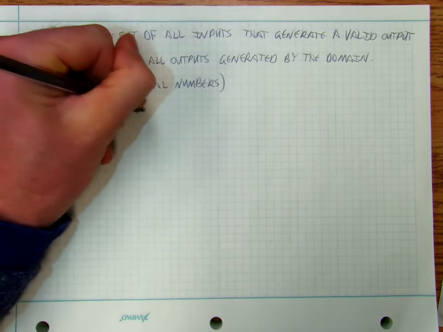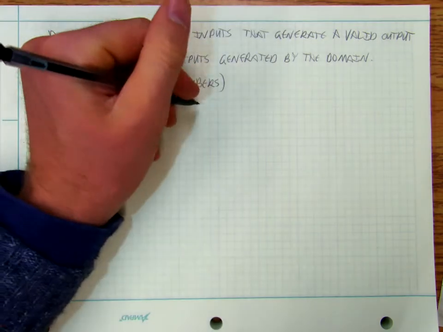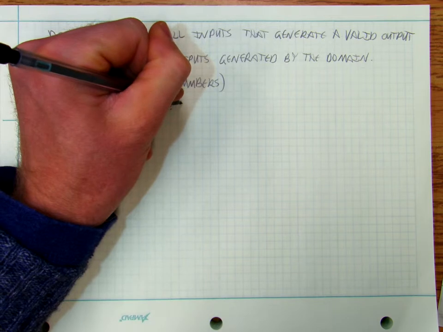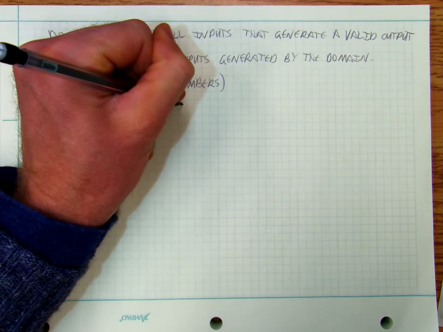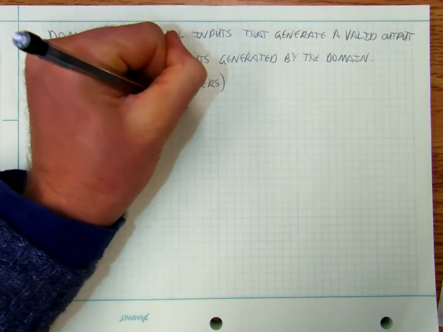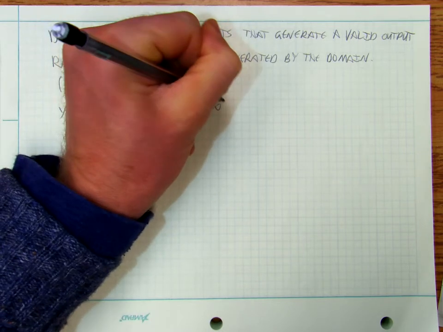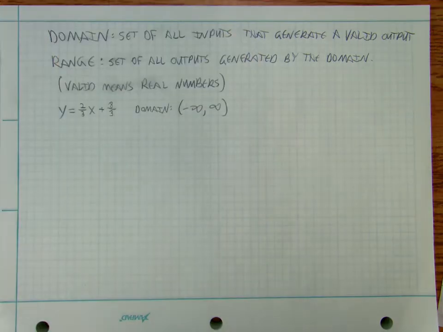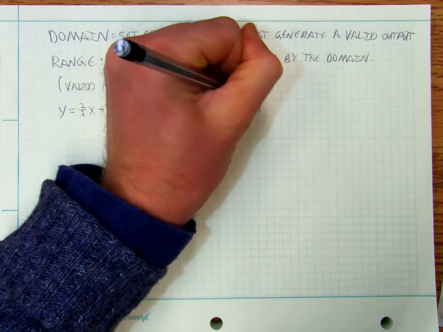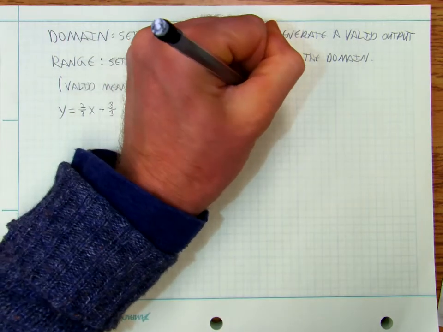So my domain is going to be -infinity to infinity, or we could say x equals ℝ, where that stands for the set of all real numbers.